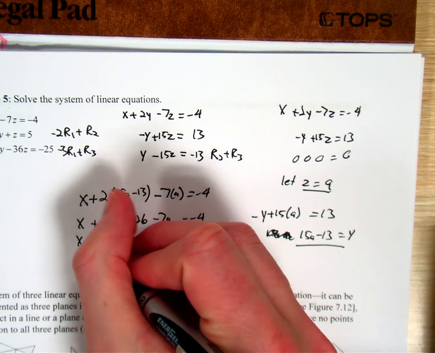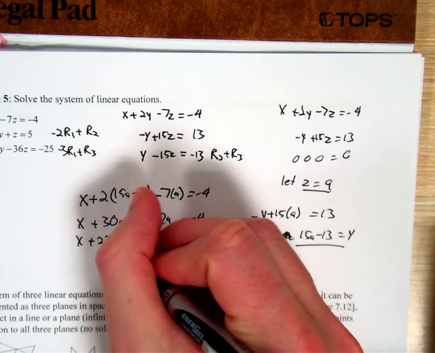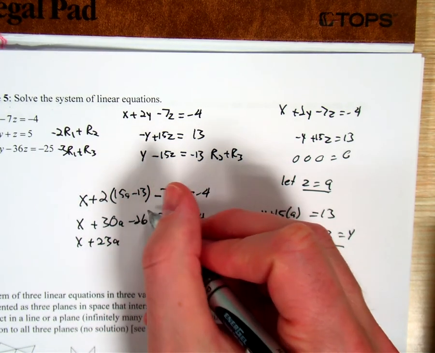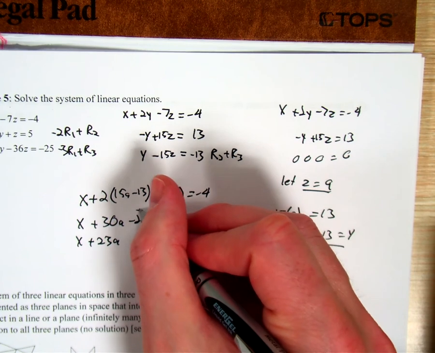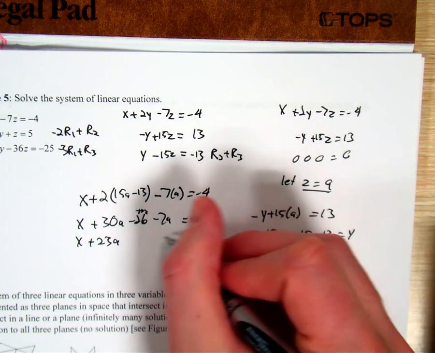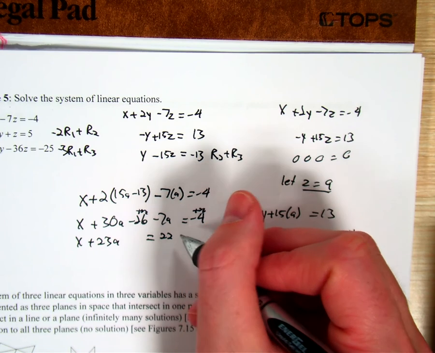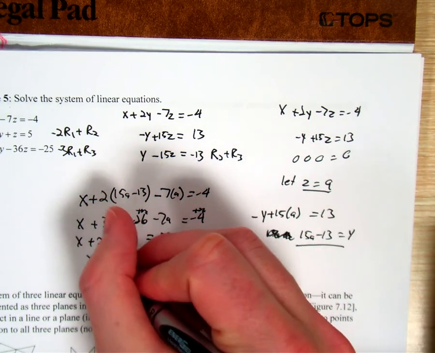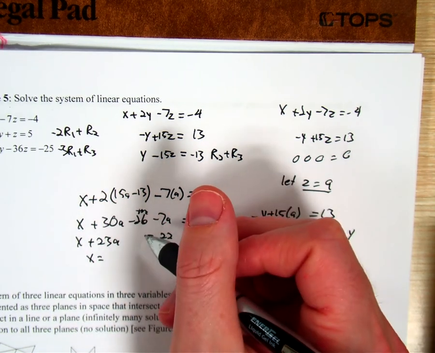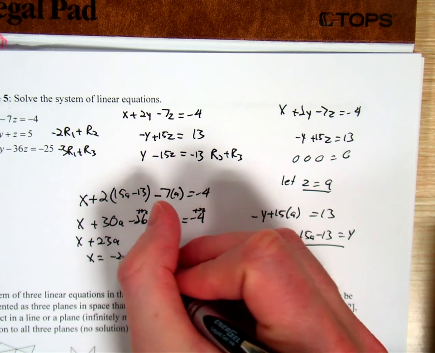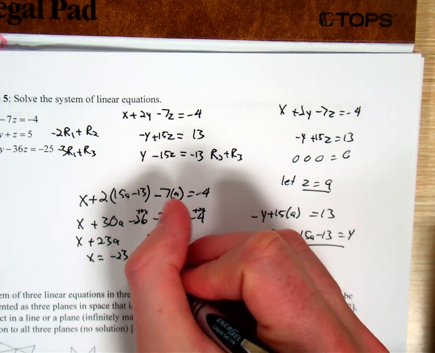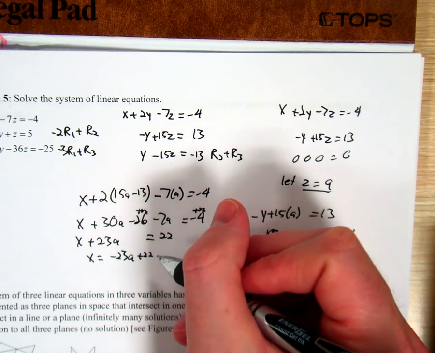So we have 23a. Let's add this 26 over. So we have positive 22 over there. And then we'll minus the 23a. So if you want to have the a's in front or the a's second, we'll go negative 23a plus 22.